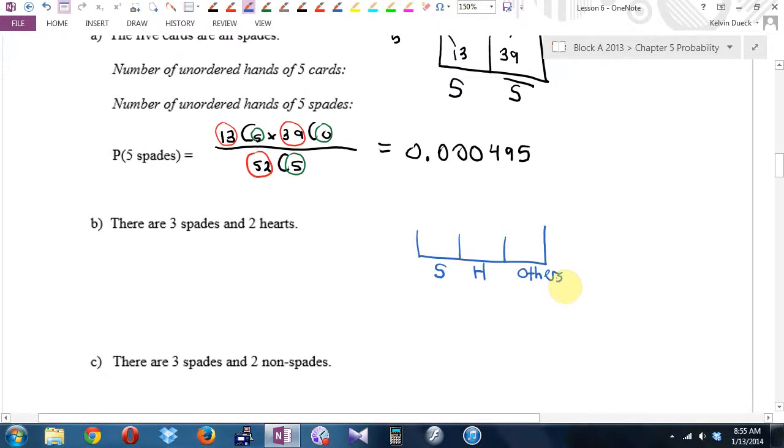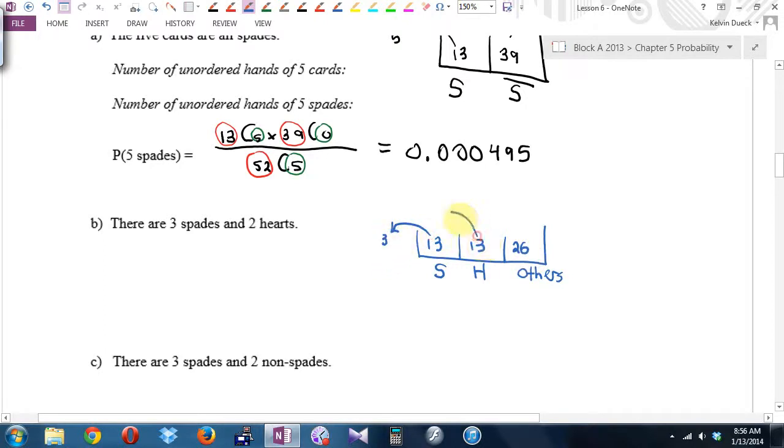Hey, how many spades in the deck? 13. How many hearts in the deck? How many others in the deck? How many spades do I want to choose? 3.